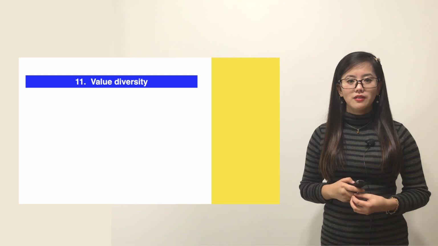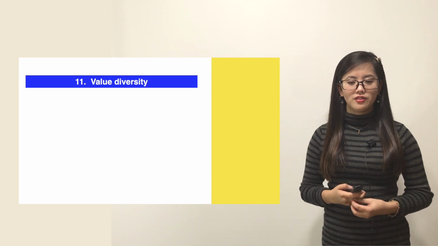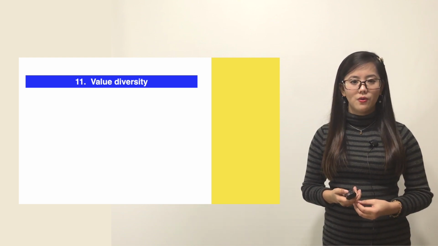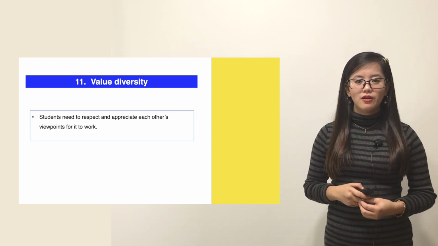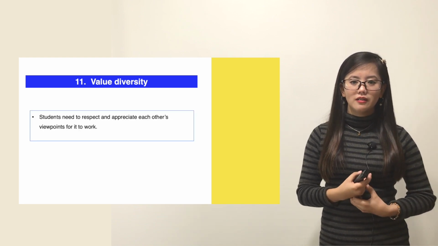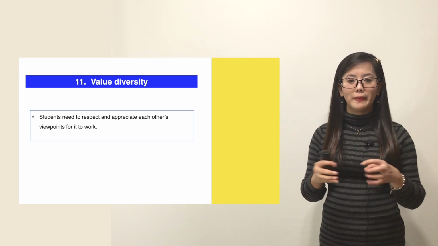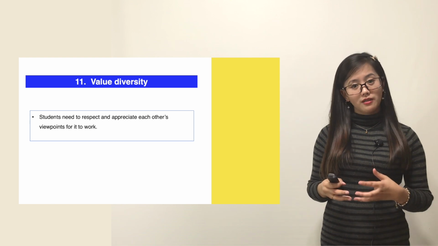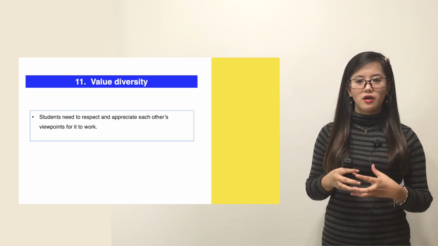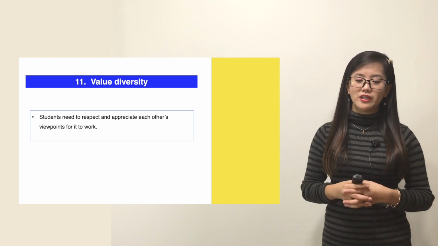We also need to value diversity. Okay, how do we value diversity? Collaborative learning relies on some buy-in. Students need to respect and appreciate each other's viewpoint for it to work.